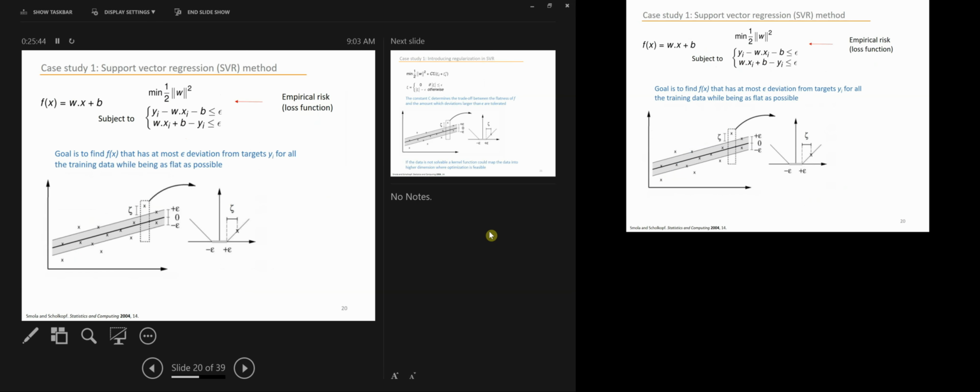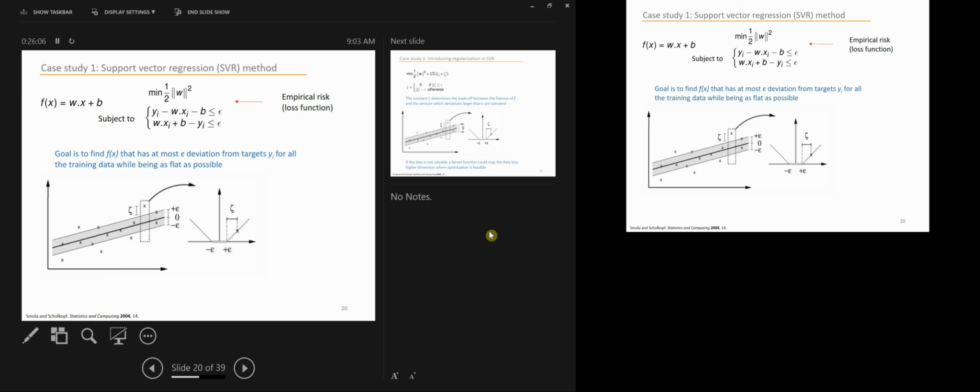But let's move on to some more sophisticated methods, for example the support vector regression method. The idea behind support vector regression is also very similar. We have a function f in a linear format, and we simply want to minimize the coefficients subject to some constraint.